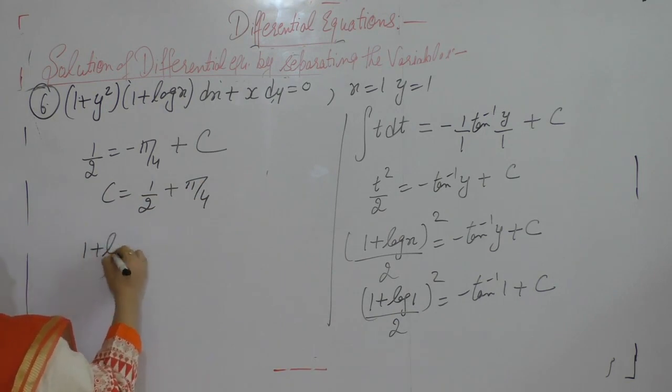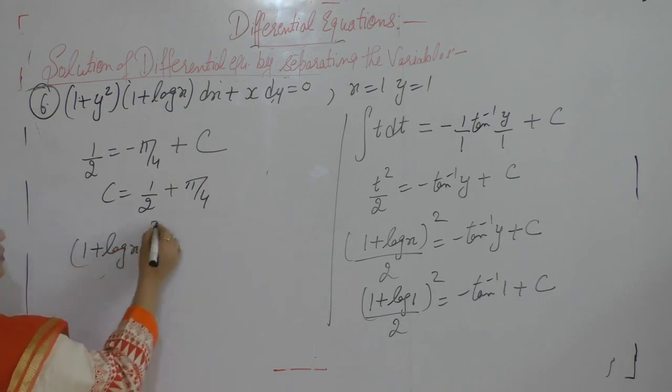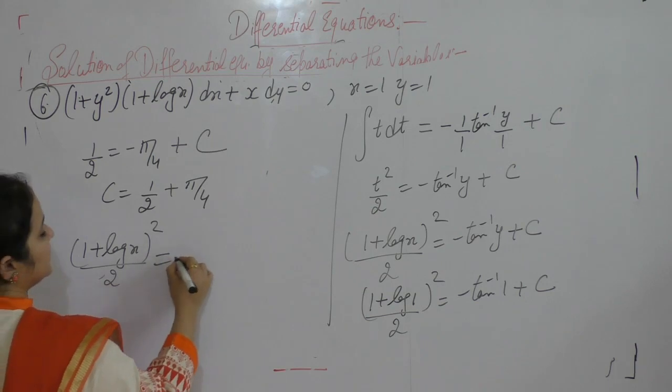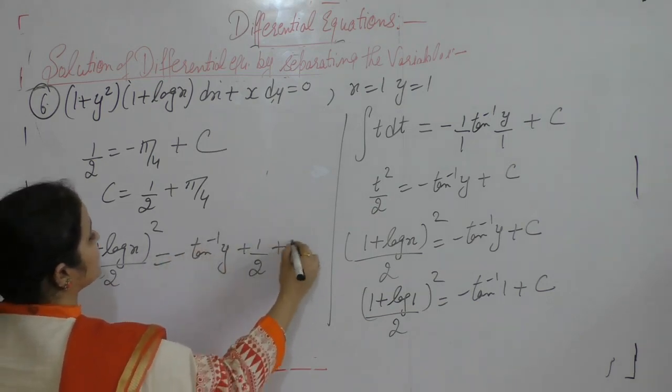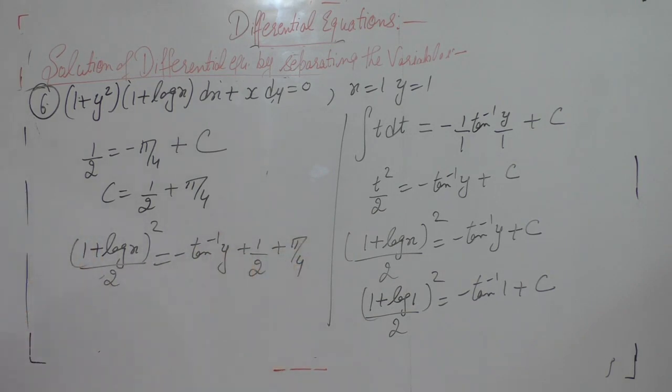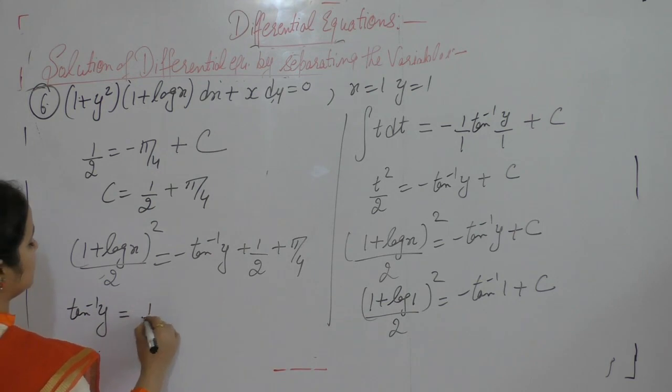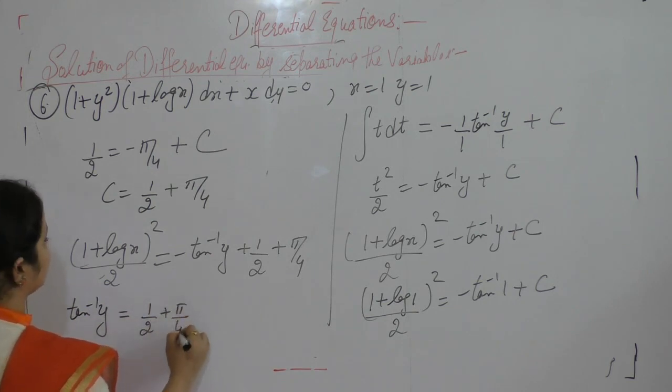Put this value: (1 + log x) whole square by 2 is equal to minus tan inverse y plus 1 by 2 plus pi by 4. From here we get tan inverse y is equal to 1 by 2 plus pi by 4.